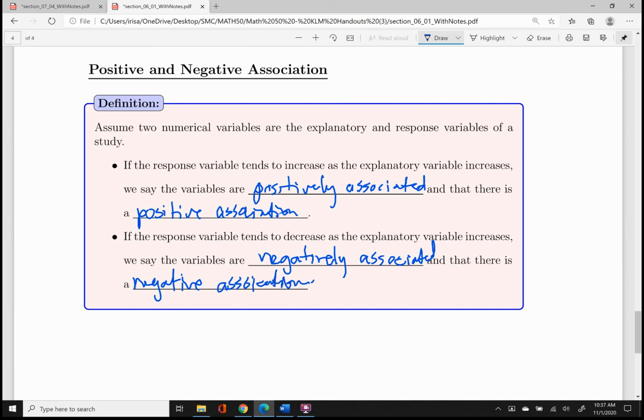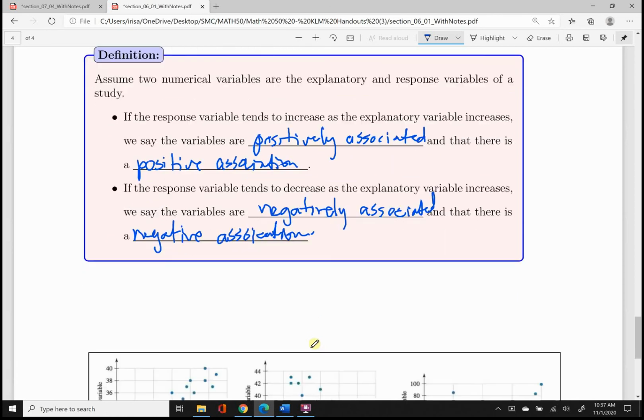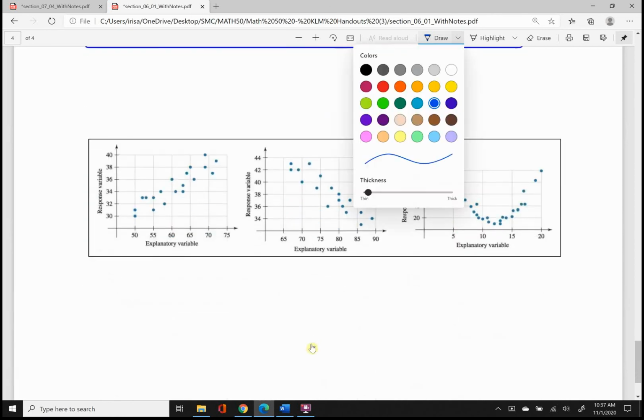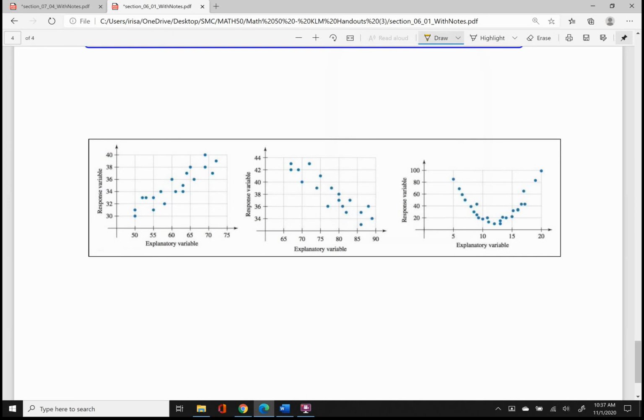To marry this to ideas that we've already formed, positive association graphically looks like more or less a line with a positive slope, increasing as you move from left to right on your coordinate plane. Negative associations look like lines with negative slopes. So if you can draw what you deem to be something close to a line of best fit, and it seems to have a positive slope for the scatter plot, then you'll say it's positively associated.